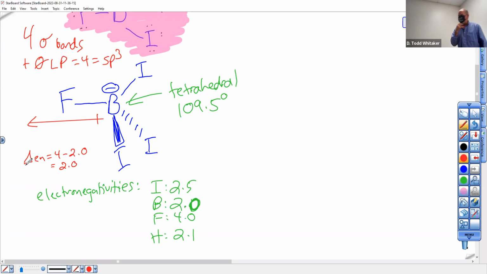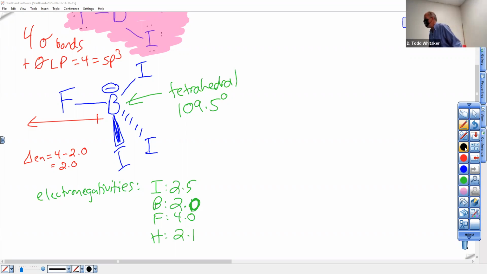What about B and I? What's the difference? No, it's not 2.0. I is more electronegative. Yeah, and the difference is only 0.5, which is a quarter of 2.0. So we'll go with black vectors. A quarter the length of that arrow that I just drew is the length of the black arrow.